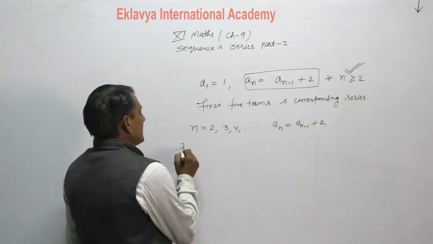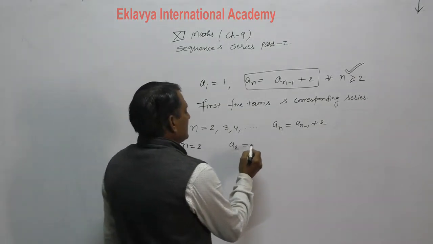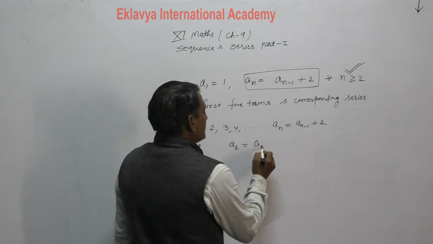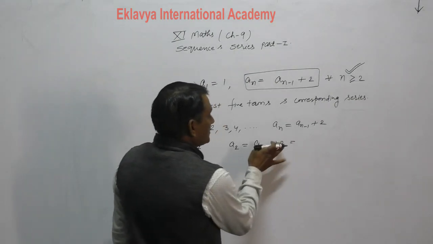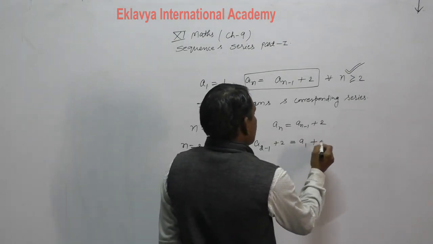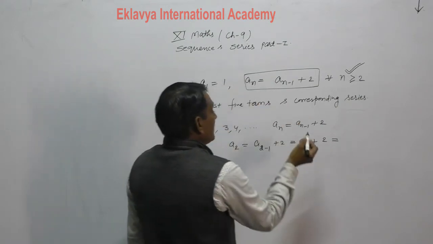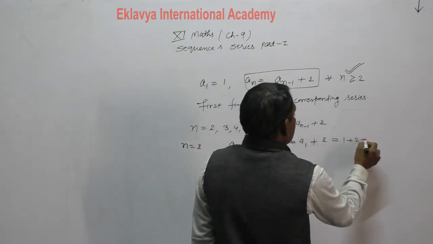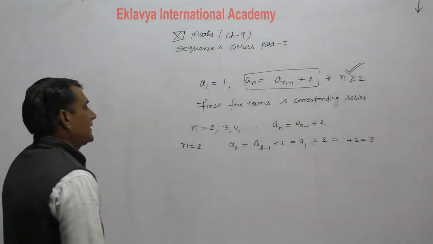Now start the work. We will place n equal 2 in the given sequence and you will get a2, that is a(2-1) plus 2, written again as a1 plus 2, and the value of a1 is given as 1. Substituting it here, the result is 3.